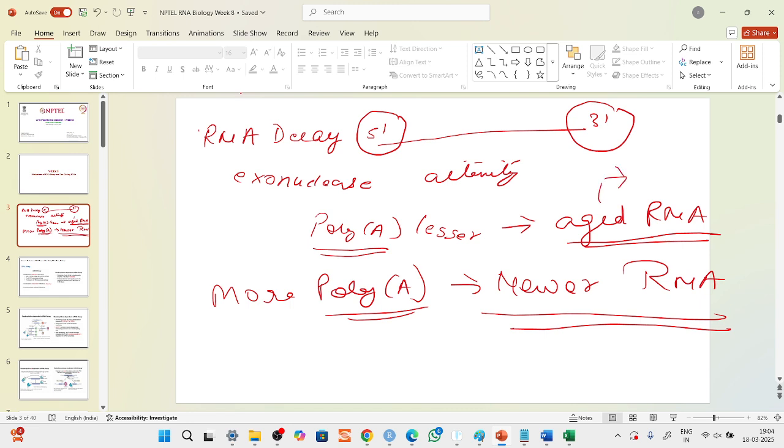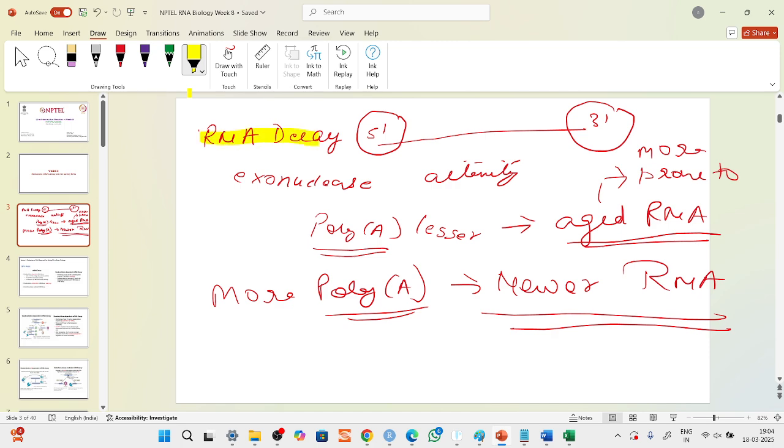This means aged RNA is more prone to what? It is more prone to RNA decay, because there are fewer poly A's, so the 3' end is even more susceptible to the attack of the exonucleases. Okay, so this is what we covered at the end of our previous class. We had started to touch on this topic.